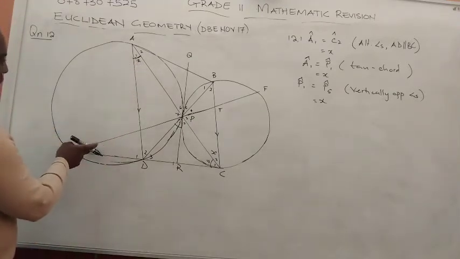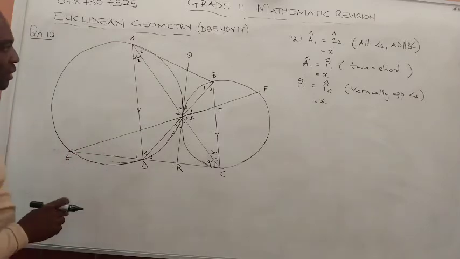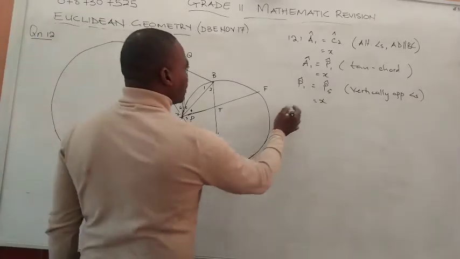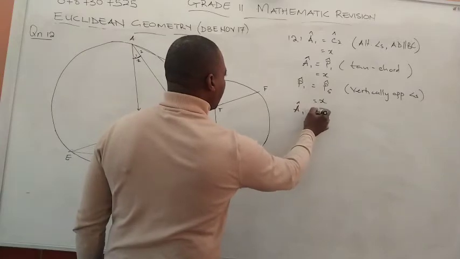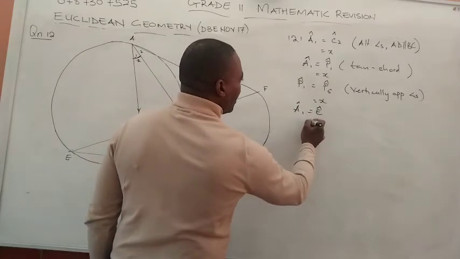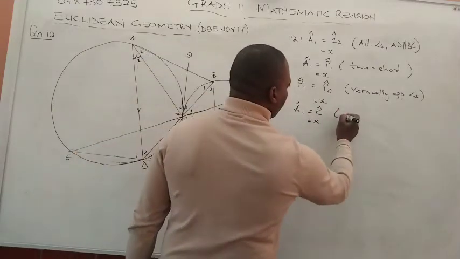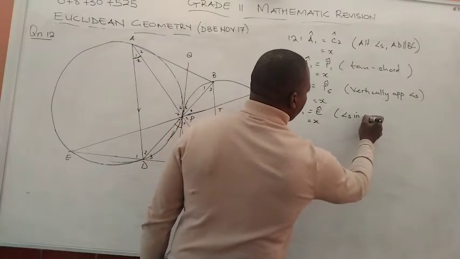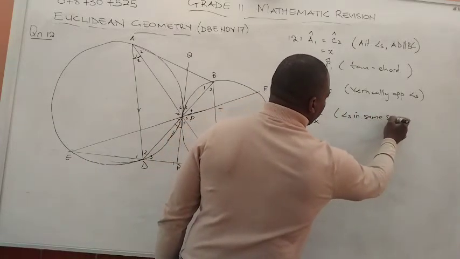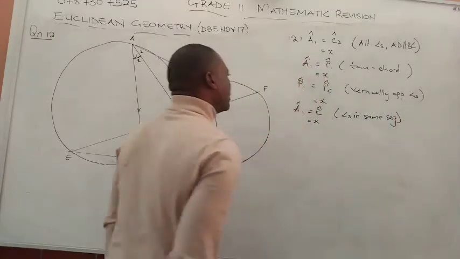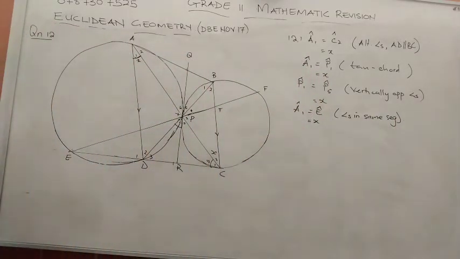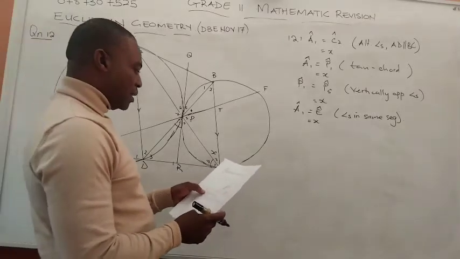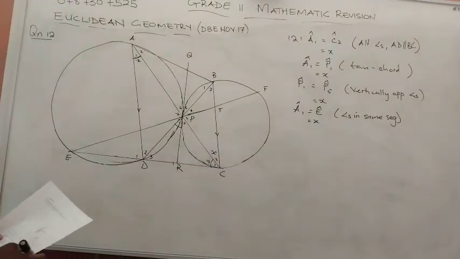And then we'll also notice that angle A1 and angle E are angles in the same segment. So we are saying angle A1 is equal to angle E, which will be equal to x. These are angles in the same segment. So those are the 4 angles that the first question required you to list.